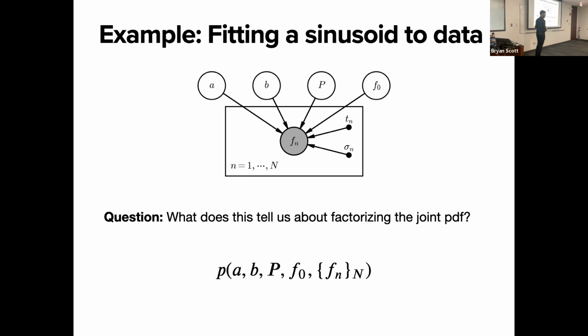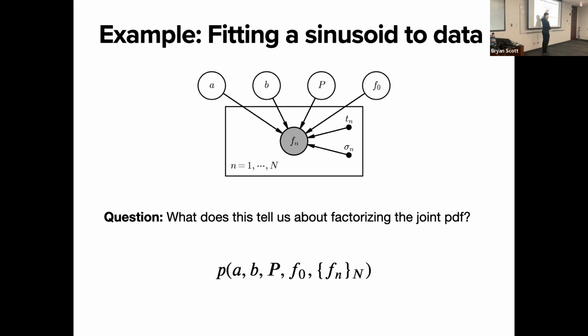Before I just jump right to how to factorize it, what are some things that we can see from the graphical model already? What things have no dependencies to other things? What objects have no arrows pointing in to them? A, B, C, and, good, the parameters, right.